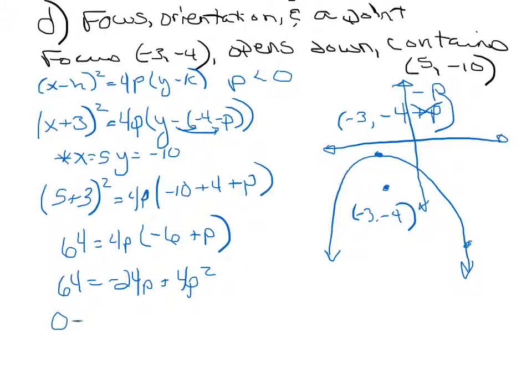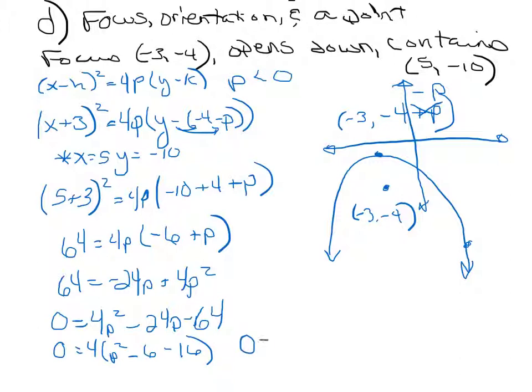And I'm going to say 0 = 4p^2 - 24p - 64. I see I can factor out a GCF of 4, so I get 0 = 4(p^2 - 6p - 16), which then if I try to find something that multiplies to be -16 and adds to be -6, I can get 0 = 4(p - 8)(p + 2).